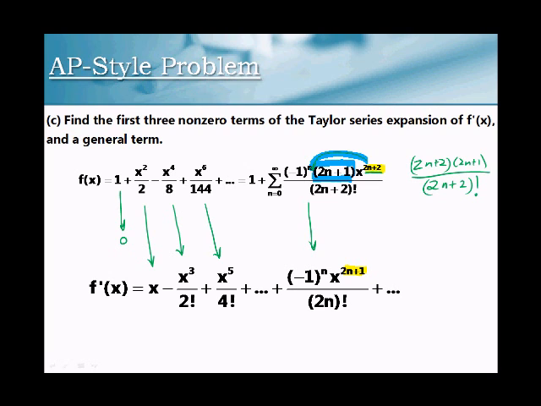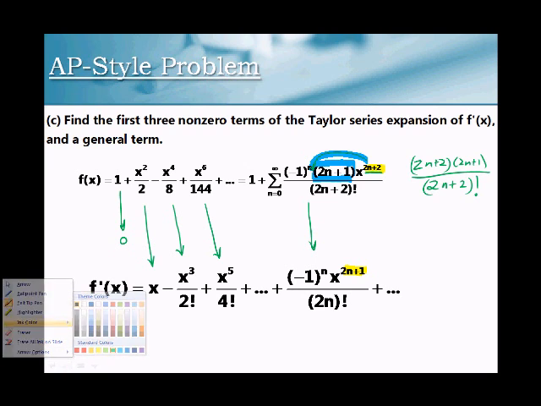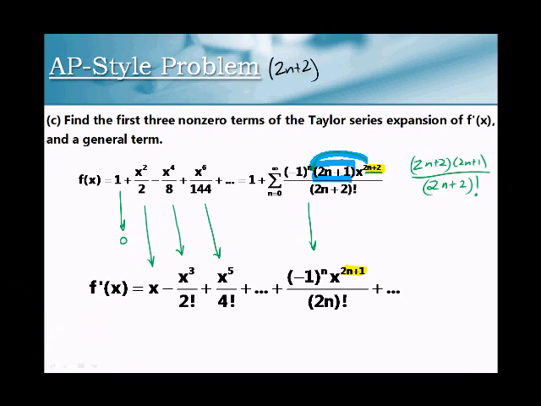Well, remember what 2n plus 2 factorial really is. 2n plus 2 factorial is 2n plus 2 times 2n plus 1 times 2n times 2n minus 1, etc. And so if that's the case, then a 2n plus 2 is going to cancel out from the numerator and denominator, and a 2n plus 1 is going to cancel out, that is, from the numerator and denominator, and it's just going to leave a 2n factorial. There it is.